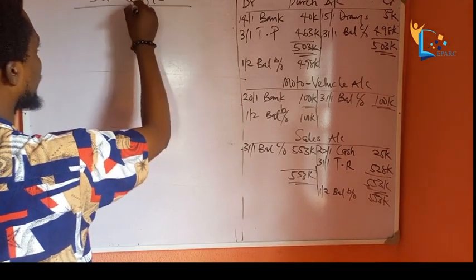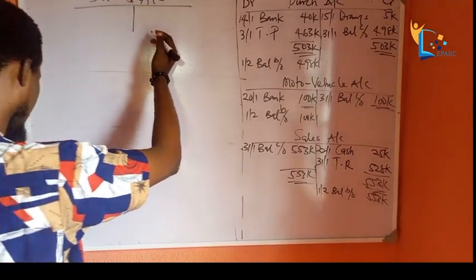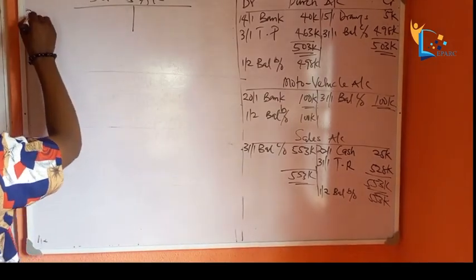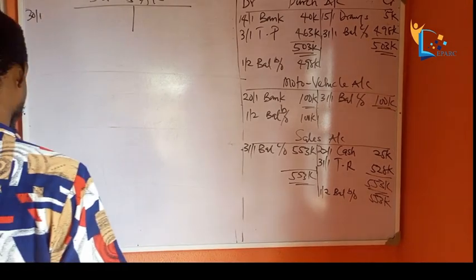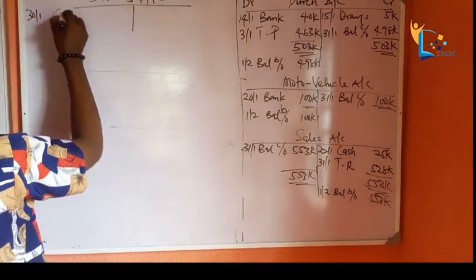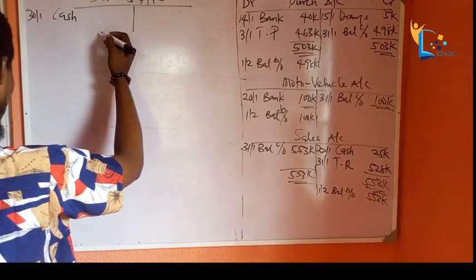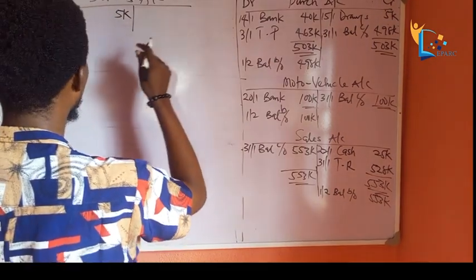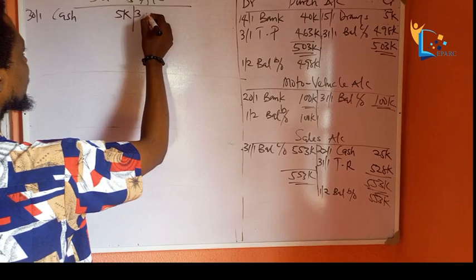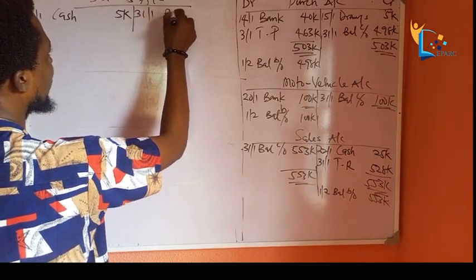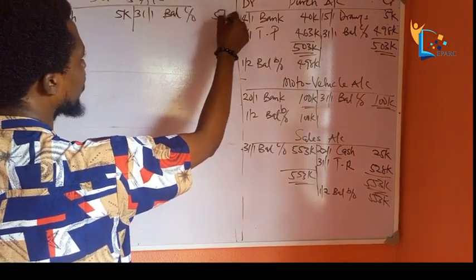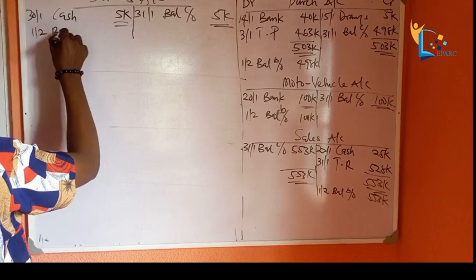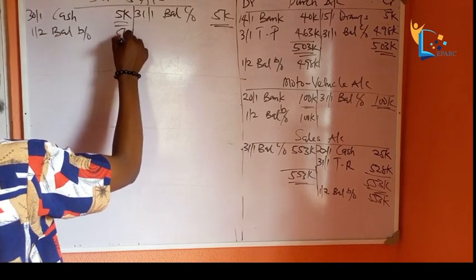On the 30th of January, we paid salaries, cash. How much? 5K. I think that's the only transaction for 30th. And 31st, we have balance carried down 5K. Okay? 1st of February, balance brought down 5K.